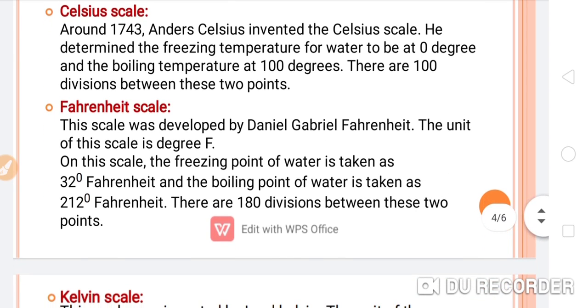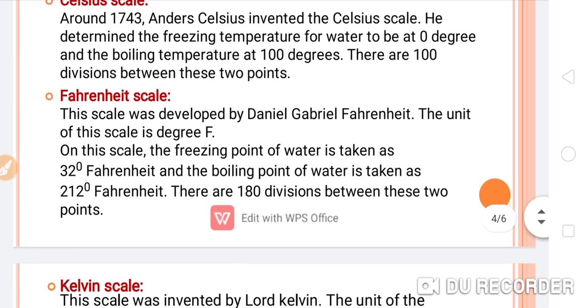Now the second scale, that is the Fahrenheit scale. The scale was developed by Daniel Gabriel Fahrenheit.